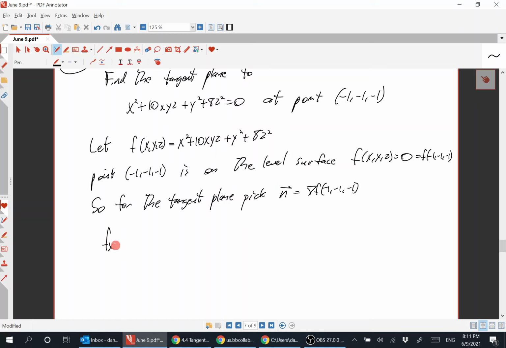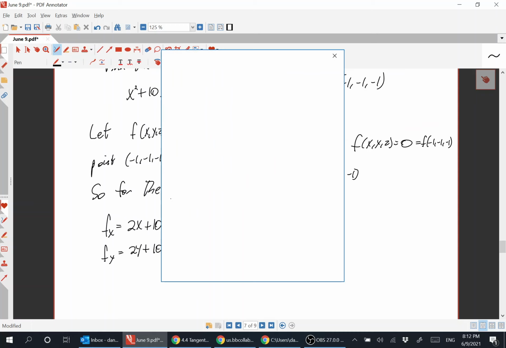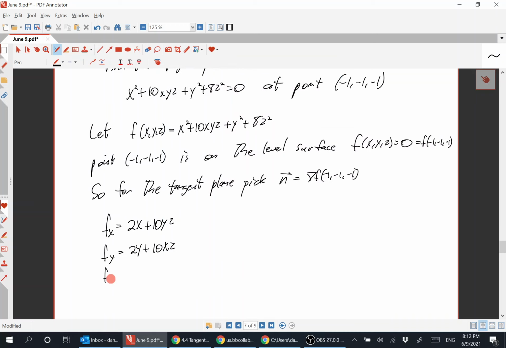So the partial derivative of f with respect to x is 2x plus 10yz. The partial derivative of f with respect to y is 2y plus 10xz. And the partial derivative of f with respect to z is 16z plus 10xy.